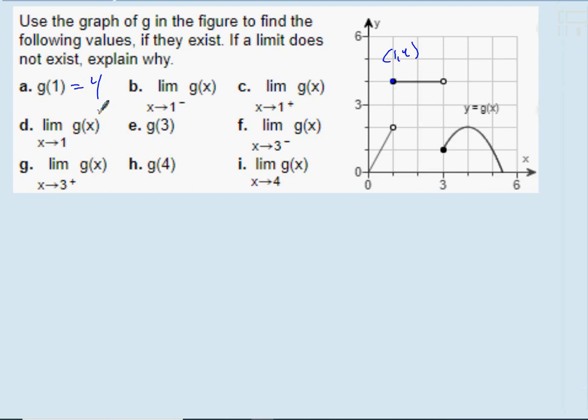Good. What's the limit of G of x as x approaches 1 from the left? Okay. Type it in chat. Good. I'm seeing the right answer. 2. Because the ant anticipates stepping there, and so that's the limit.